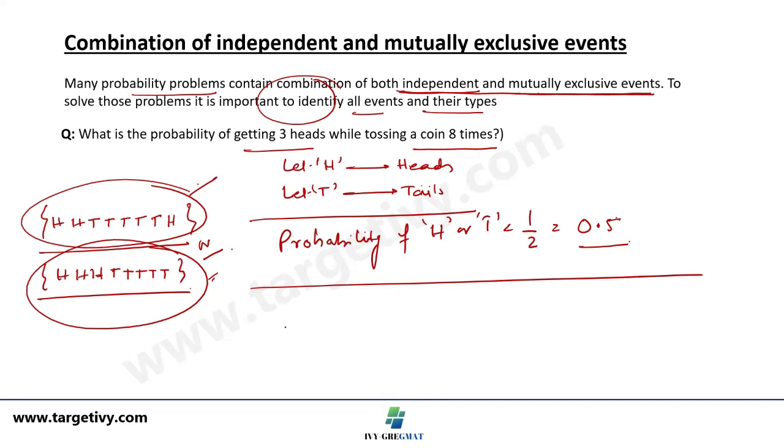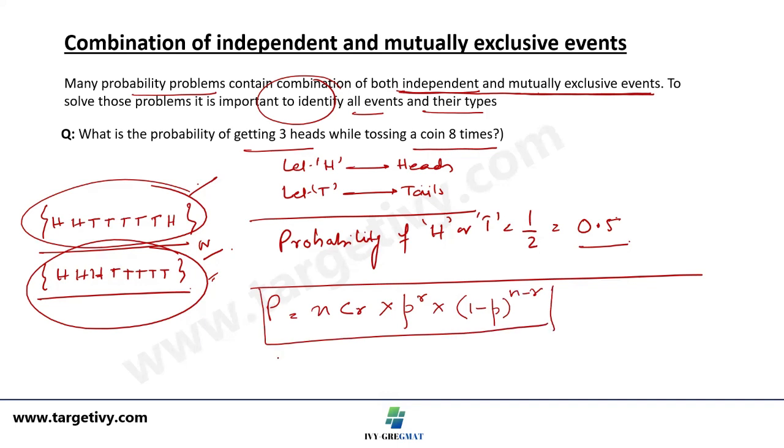So this is 8 times. So this P will be nCr multiplied by probability to the power r multiplied by 1 minus p to the power n minus r.